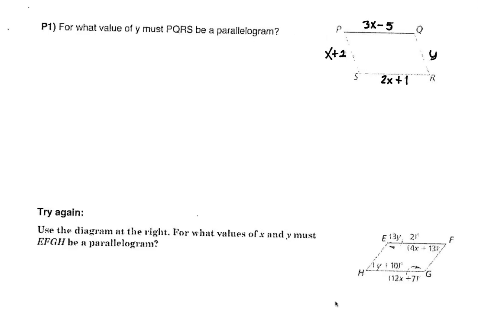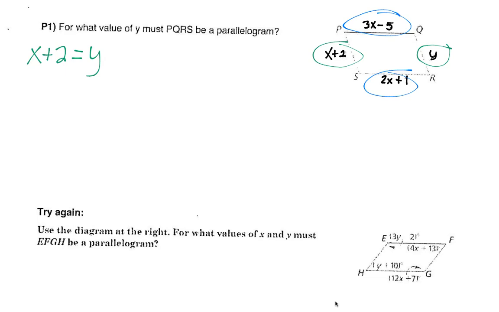Okay, so we're only dealing with side lengths here. So from the theorems we just talked about, we know that the opposite sides, both pairs of them, have to be congruent. So that means x plus 2 has to equal y.